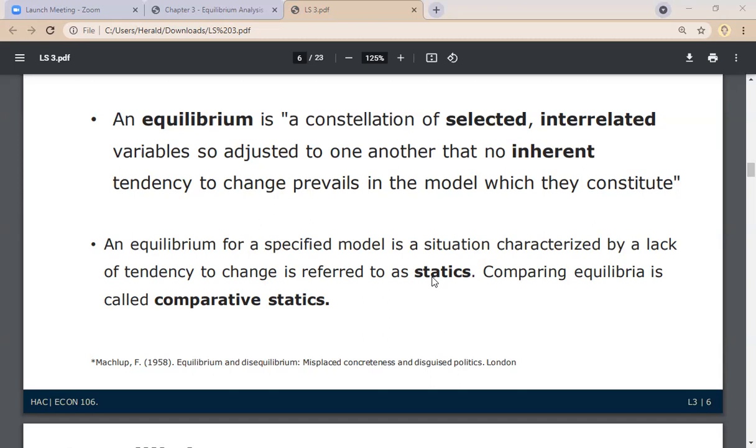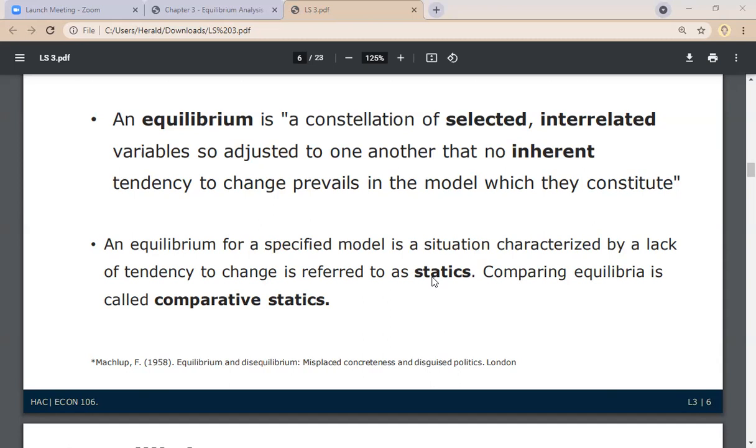So when we talk about equilibrium, there is that balance of internal forces, and it's important to have restrictions and assumptions in the economic model in order to come up with an equilibrium state.